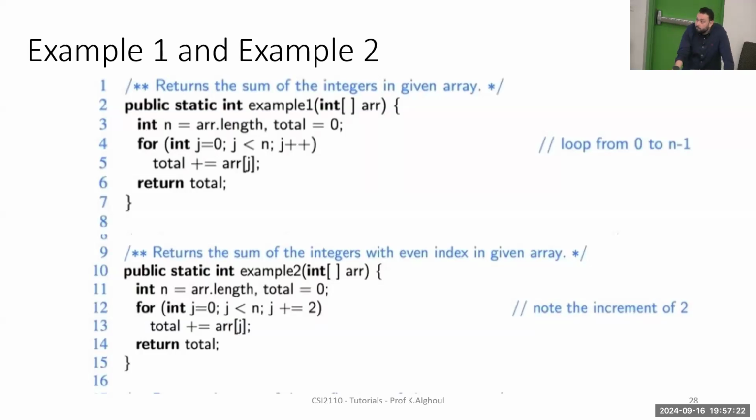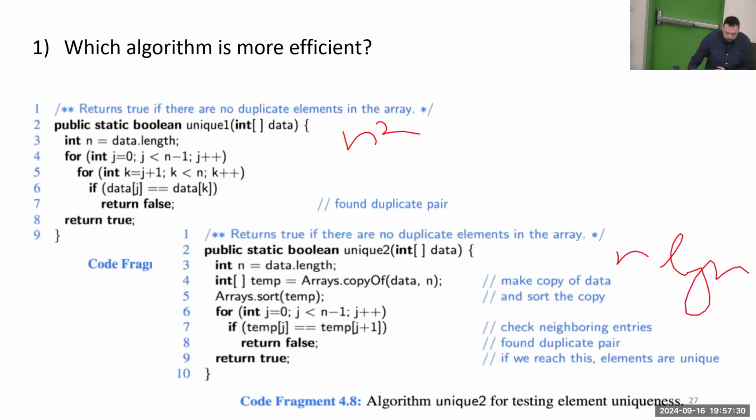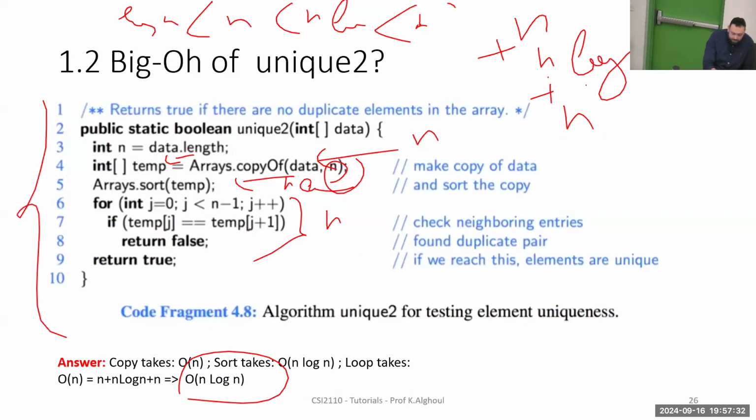Why do we talk about pluses? Because technically here you want the big O of the whole program. So you broke down this program: this piece takes n time, this piece takes n log n, the other piece takes n.